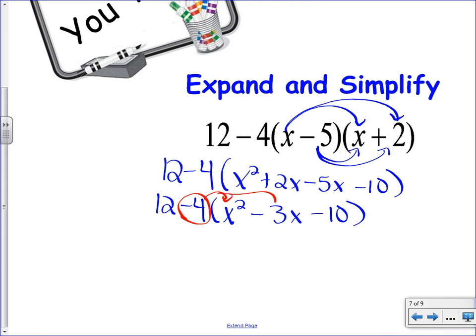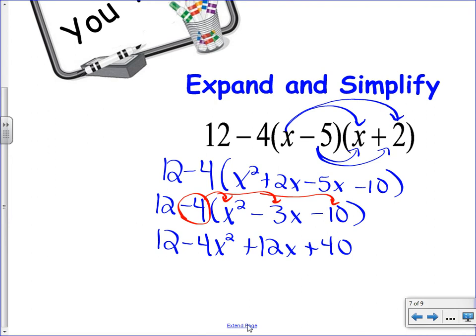So I multiply negative 4 inside. So I'm left with 12 minus 4x squared plus 12x plus 40. Does anyone have any questions with that? So again, I don't add or subtract these. I have to do the multiplication first.